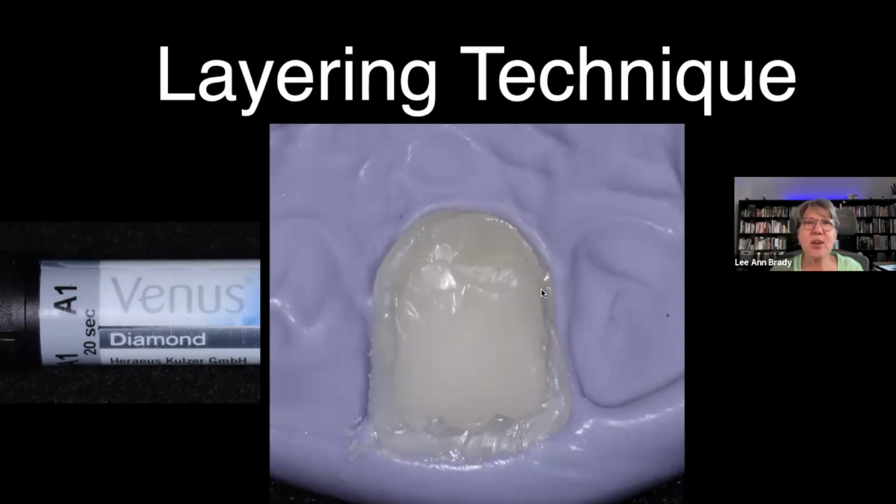So I'm staying away, which means if I was doing this as a class 3, I'm not actually building up the contact. That's going to be the last thing I do when I put my enamel layer on.